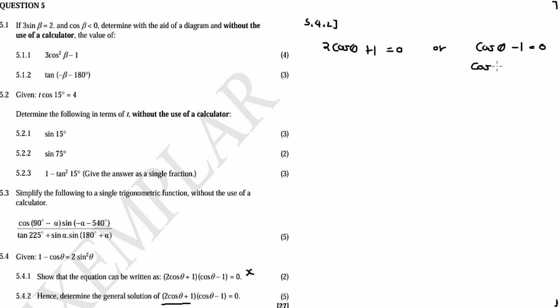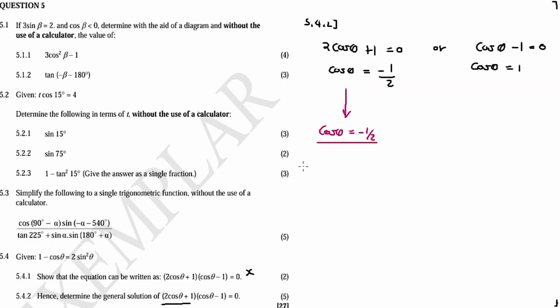Then cos is equal to 1, and the other cos is equal to minus 1 divided by 2. So for this one, find the general solution: cos equal to minus 1 over 2.